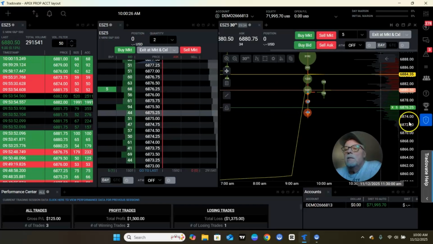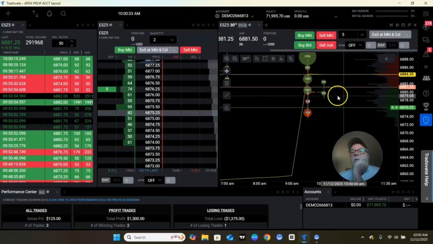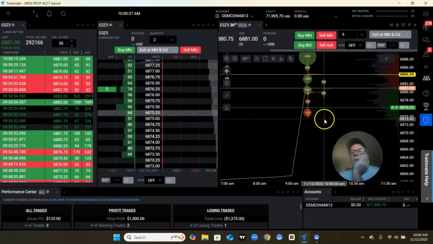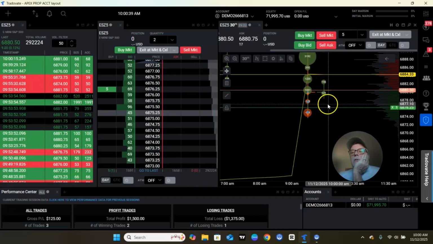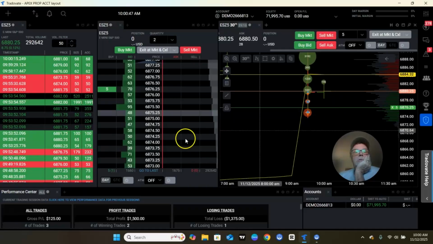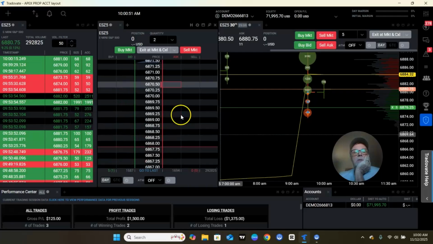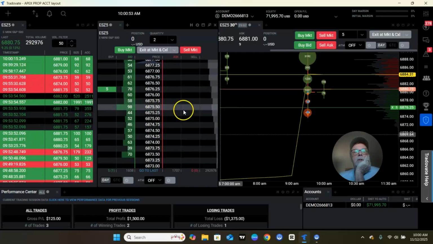Remember, these are passive orders. That's what this red and green is over here on our distribution. If we're gonna get down there, see if the rotation brings us down here. It does. They come down to try to take this liquidity. Got a little bit of liquidity building down here.